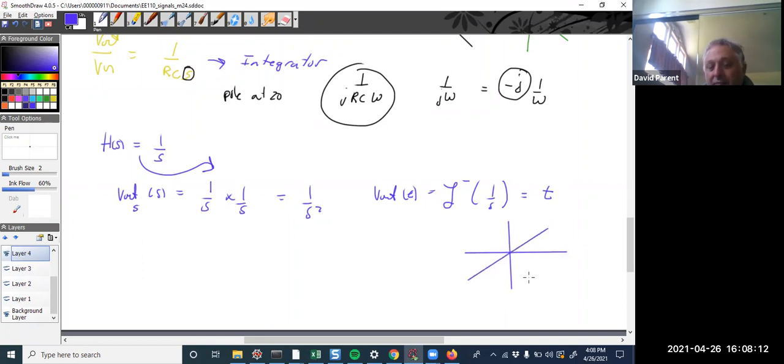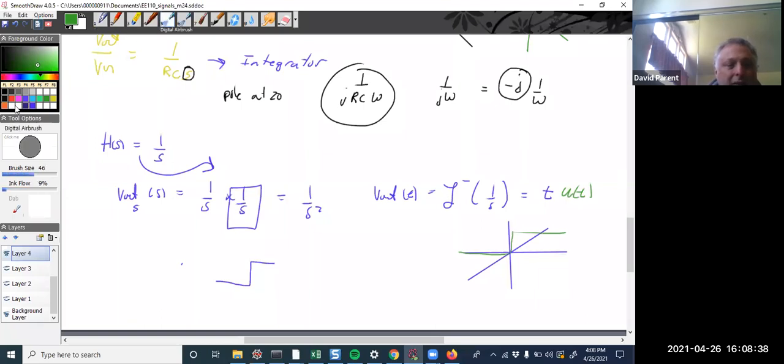That's t, but remember, this all started when we multiplied it by a step, which means this should be 0 before time equals 0. So you have to manually add back the u of t, because this is the part you want.